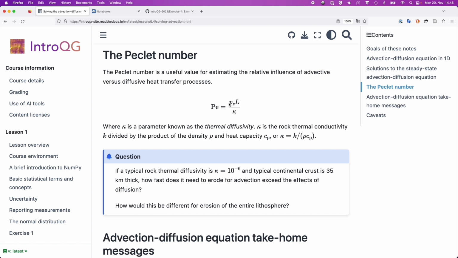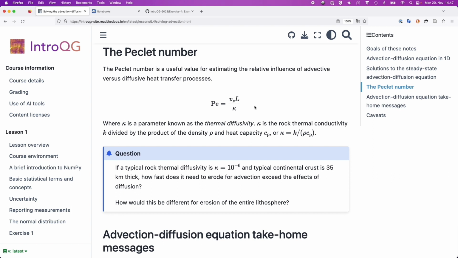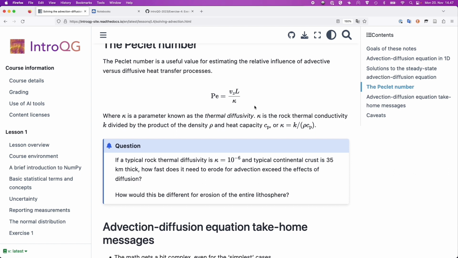So this Peclet number is defined here on the course page, and it's basically just the velocity times the length scale or thickness of whatever the layer is that's moving, divided by the thermal diffusivity. And in essence, the idea is that if it's bigger than 1, then advection is the more dominant process, and if it's less than 1, of course, the opposite is true. So this is here just for reference.